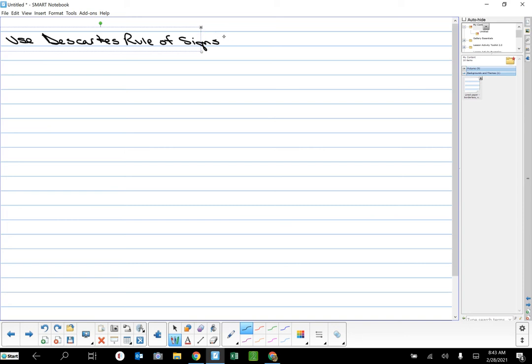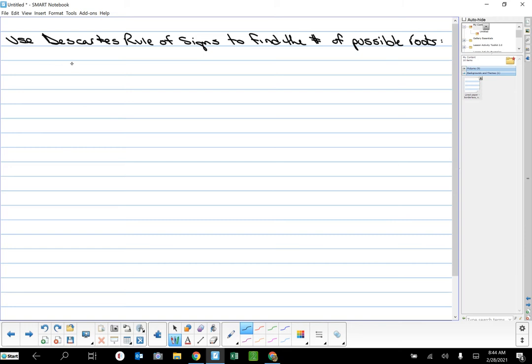To find the number of possible roots, here's our big old equation.